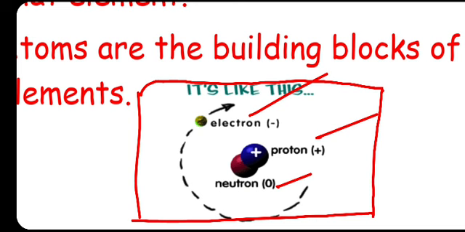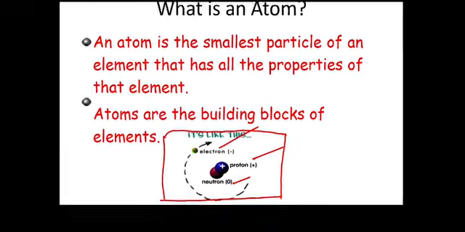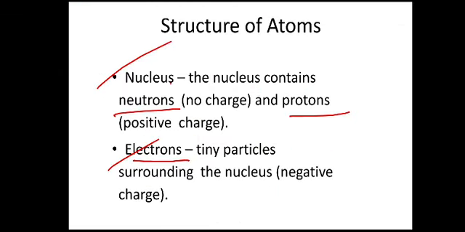Okay, so in your nucleus you have two particles, neutron and proton. Neutron has no charge. I can tell it as a zero charged particle, and proton carries the positive charge, electron carries the negative charge.